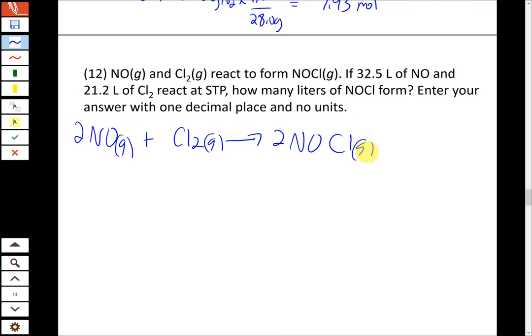Now, one thing that I always forget to cover in class, and then I kick myself every semester for not doing it. You saw it on the homework assignment, so it shouldn't be a big mystery now, but there's the abbreviation STP. So STP means standard temperature and pressure.